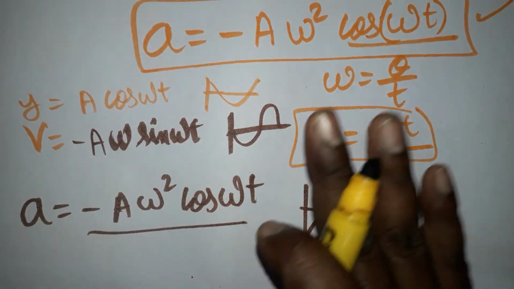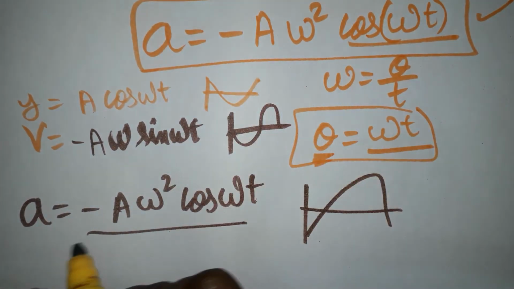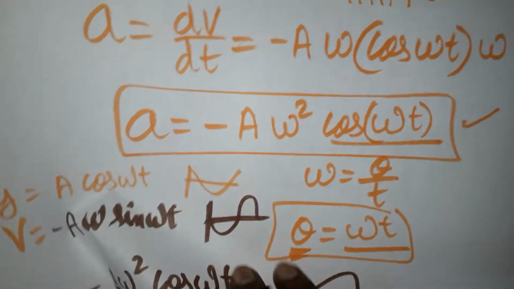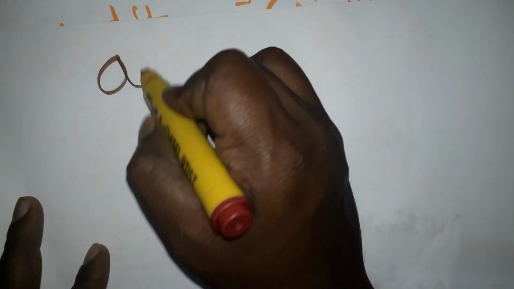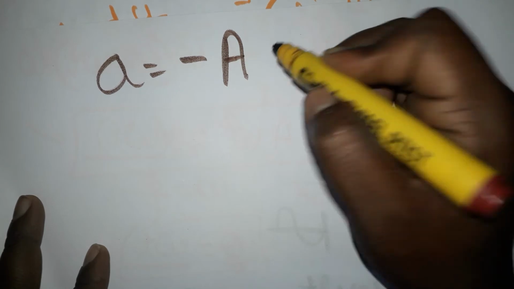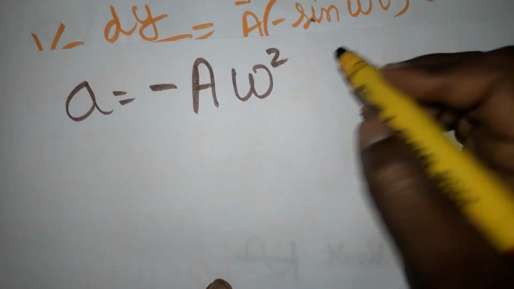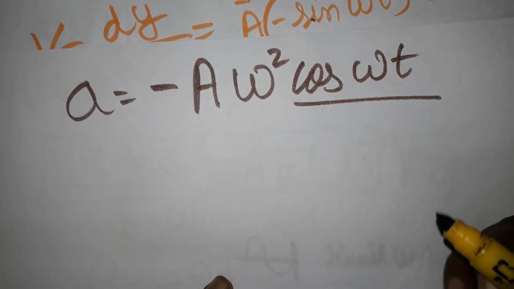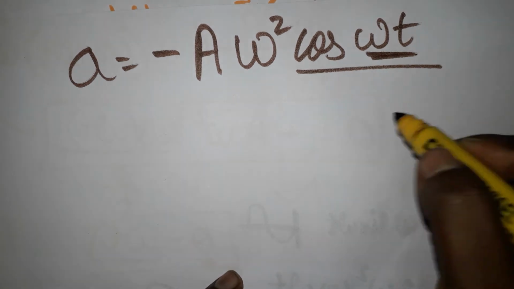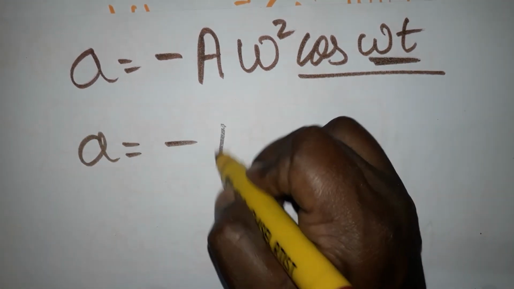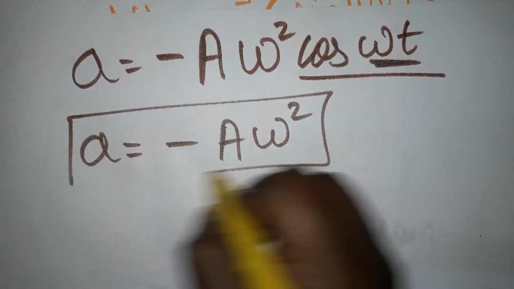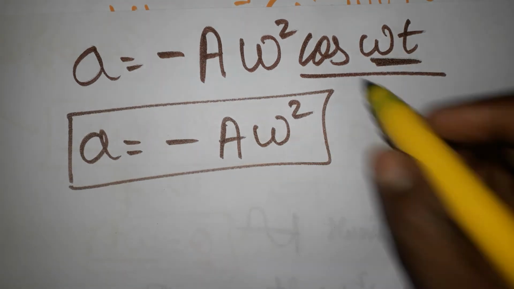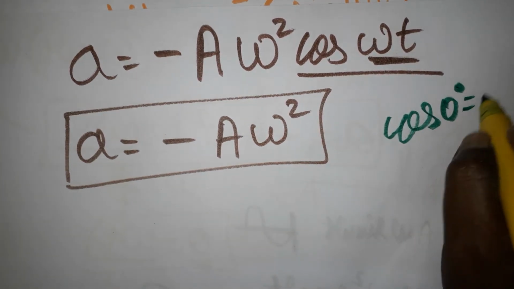In another video I have given a brief explanation about this particular equation. So I get the acceleration a is equal to minus A omega square cos omega t, where A is the amplitude and omega is the angular velocity or angular speed. I take this as the maximum. For example, taking omega t as 0 degree, cos 0 degree will be 1.